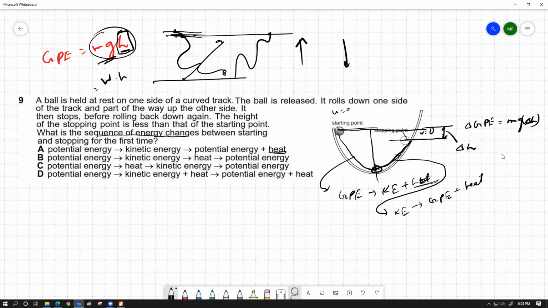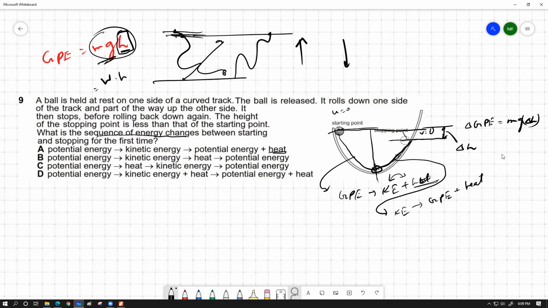This is not correct either. The kinetic energy of the ball does not convert into heat altogether. A portion of the GP converts into kinetic energy and heat simultaneously. These two are being produced together. It's not that one gets produced first and then all of that converts into something else. So B also is not correct.